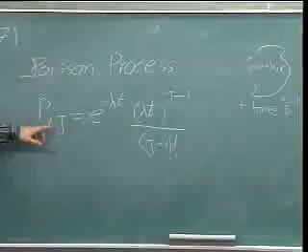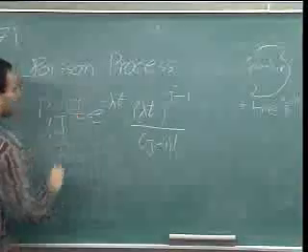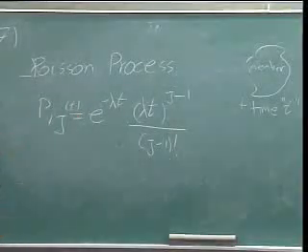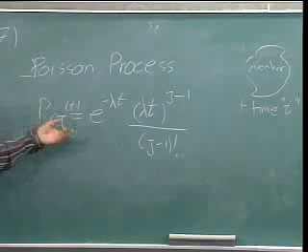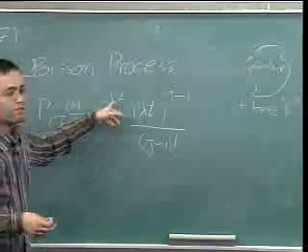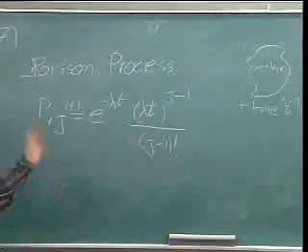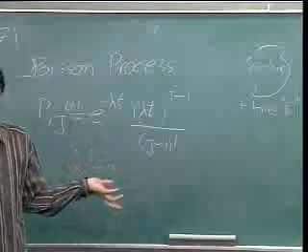We said that when we have a Poisson process at time t, it's like a Poisson distribution with rate lambda t. That was one of the basic results in the Poisson process.